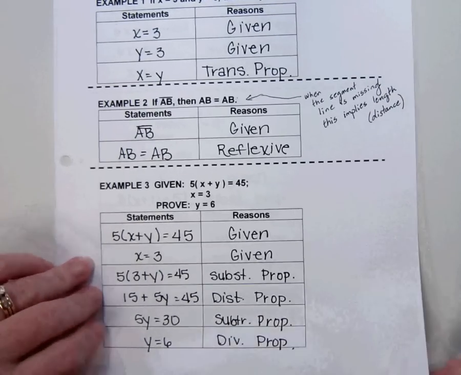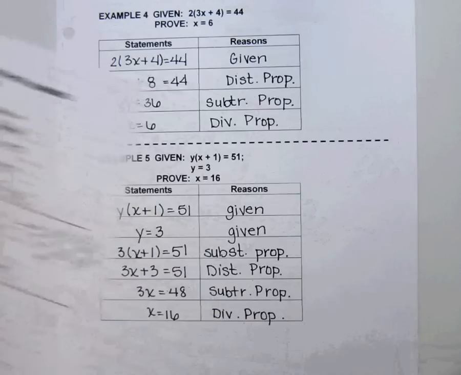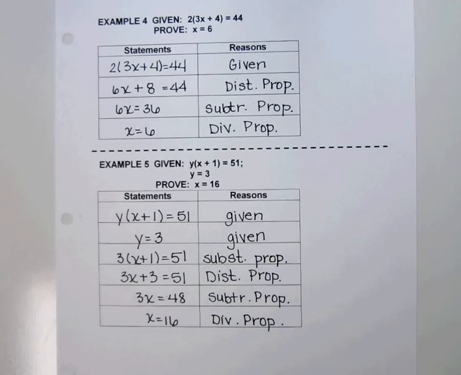Alright, let's go to example 4. This one has one given, 2 times the quantity 3x plus 4. And again, because of the parentheses next to the 2, you will use the distributive property. That's going to give you 6x plus 8 equals 44. DIST just means the distributive property.